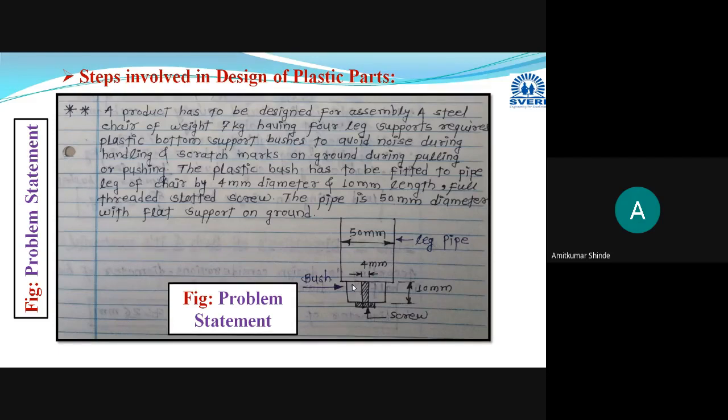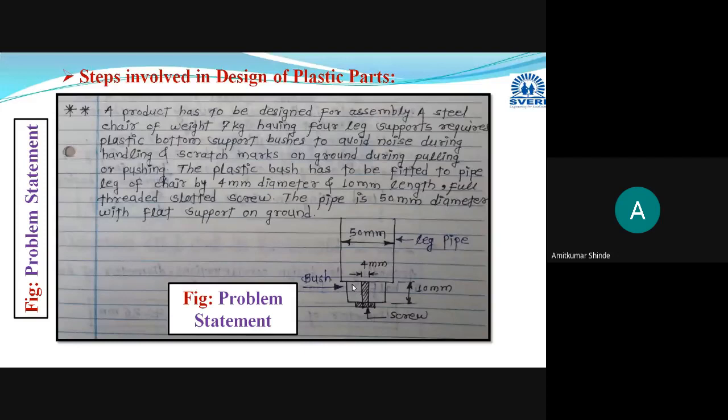Okay, now first try to remember here that one steel chair is there. The weight of that chair is 7 kg. It has four legs, and for each leg we are going to provide a bush at the bottom. To avoid the friction during the handling, there will be friction between that chair leg and ground.